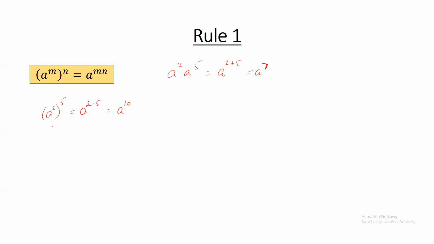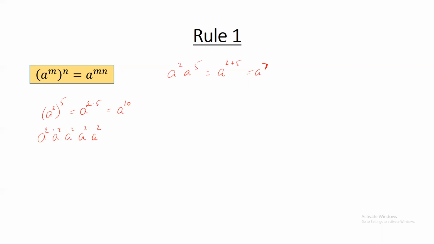And if at any point you are looking at a problem like a squared to the 5th and you're stuck, you're saying to yourself, I'm not sure which rule to use here. I forget, do I add or do I multiply the exponents? You can always expand this as repeated multiplication: a squared times a squared times a squared times a squared times a squared, 5 times, right? Because you're raising to the 5th power.